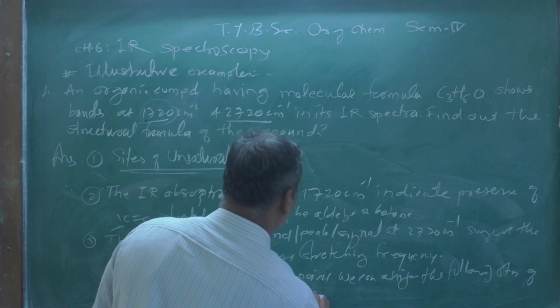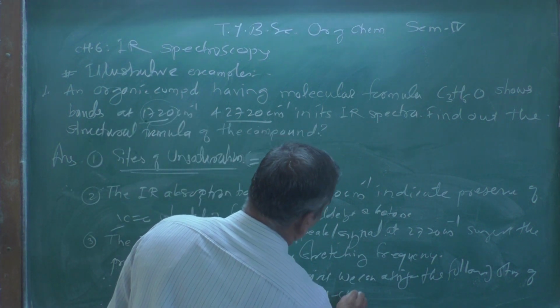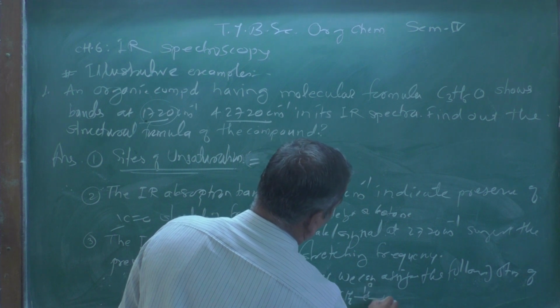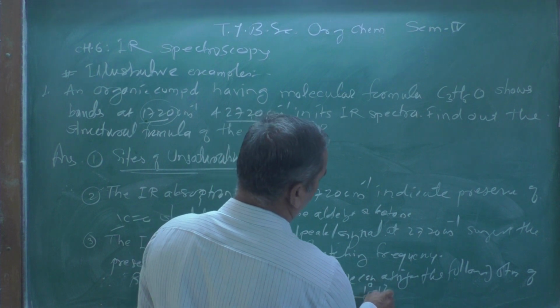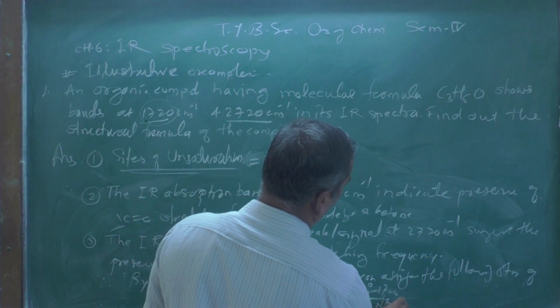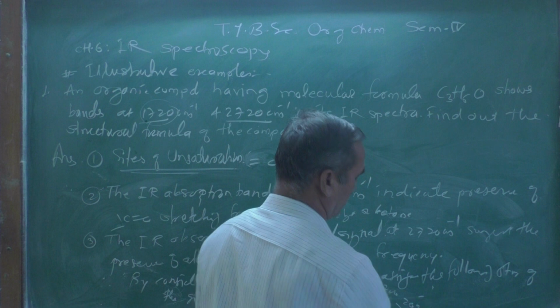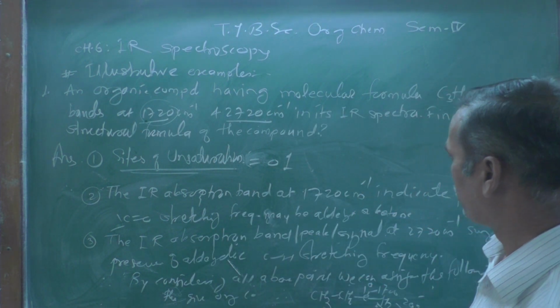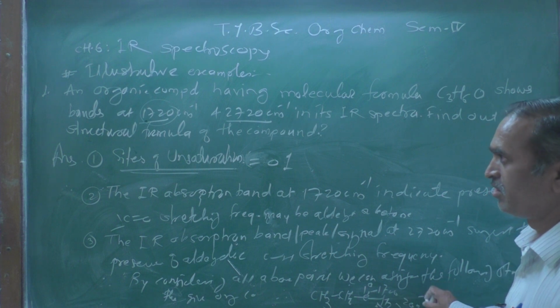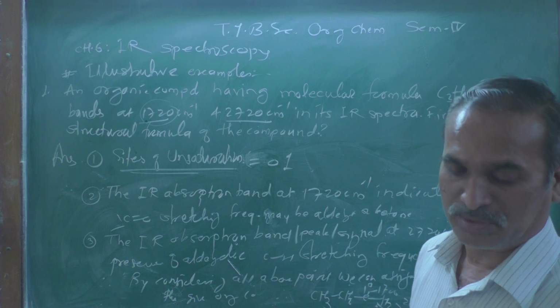Therefore we can write CH3, CH2, C double bond O and H. This is the structure. This is 1720 and this will be 2720 per centimeter. So in this way we can easily find out the correct structure of that organic compound.